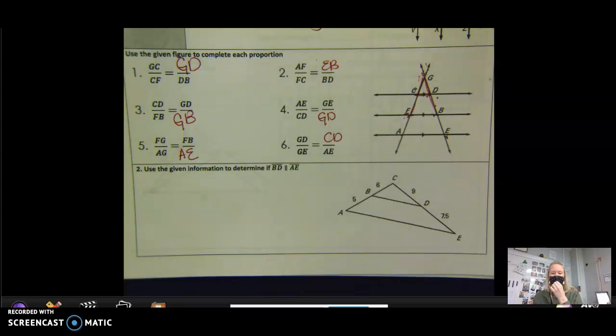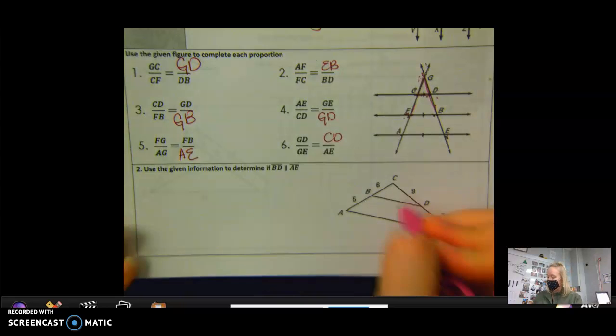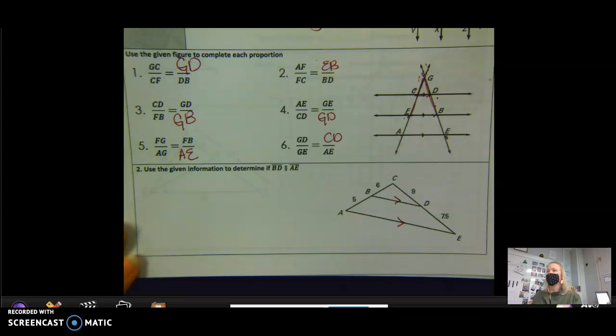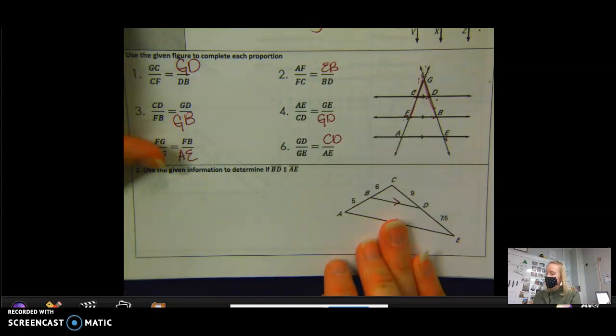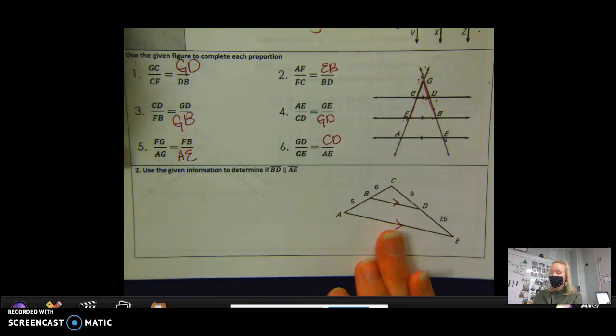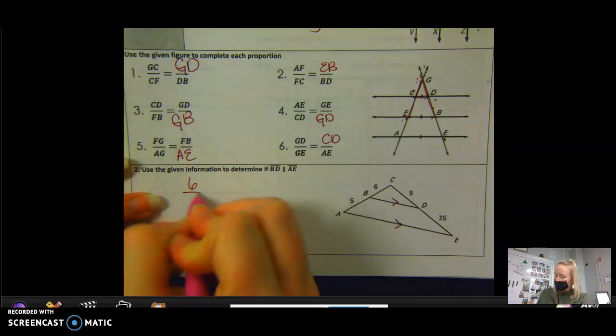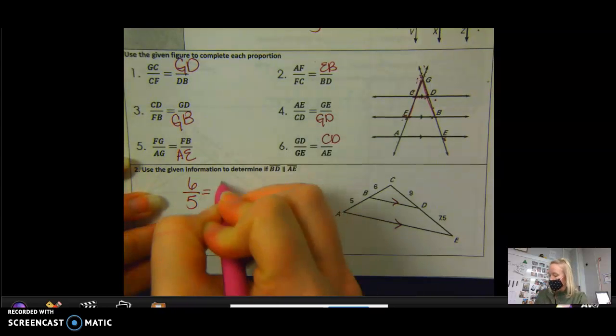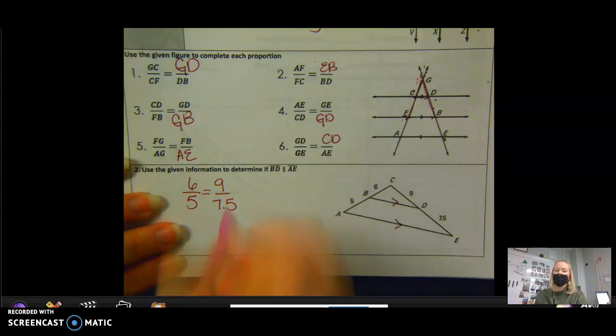Use the given information to determine if this guy is parallel to this guy. So that would be going up to theorem 6.5, the converse one, which states that if I can write a statement of proportionality that's true, then those two lines are parallel. So if I could write 6 over 5 is equal to 9 over 7.5, then it would be true.